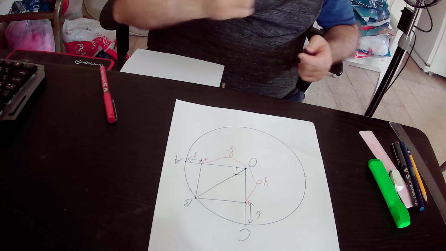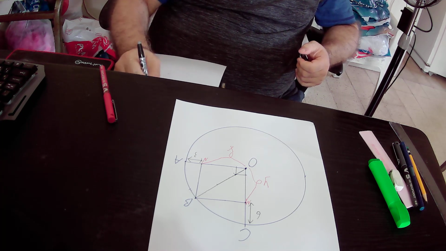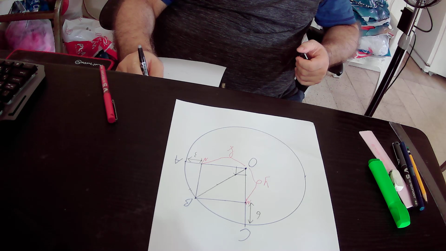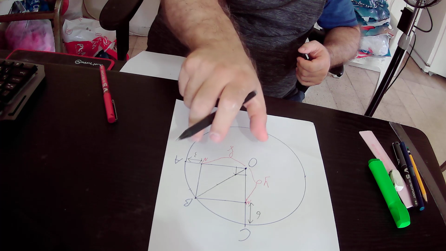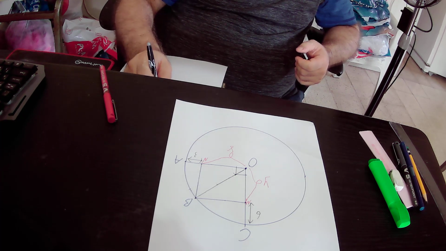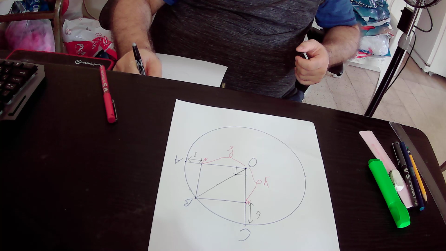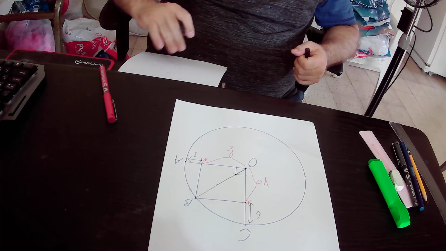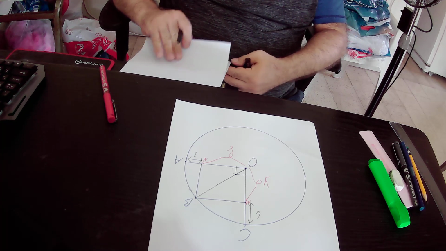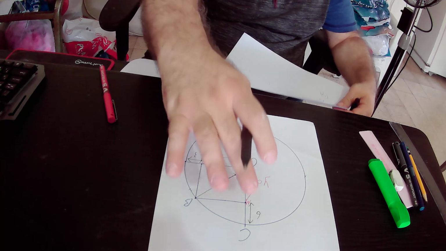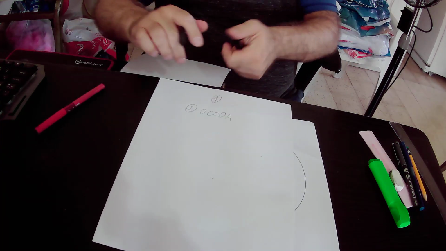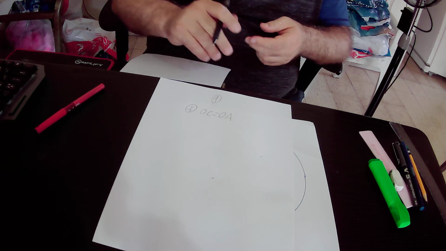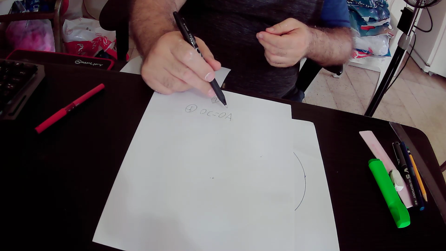So we can write down the first equation, that states that line segment OC equals line segment OA. This is our first equation.